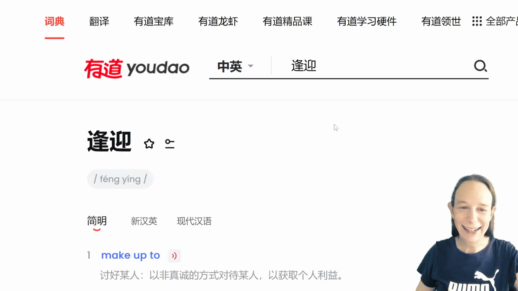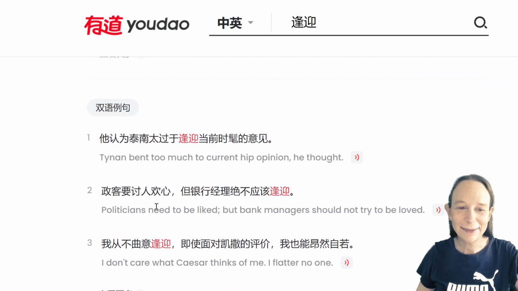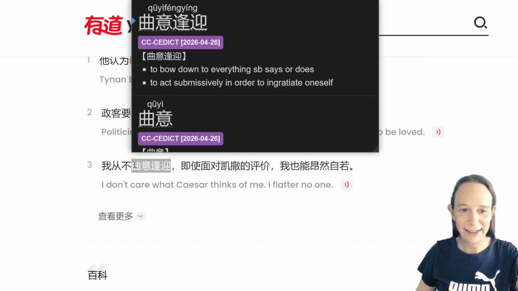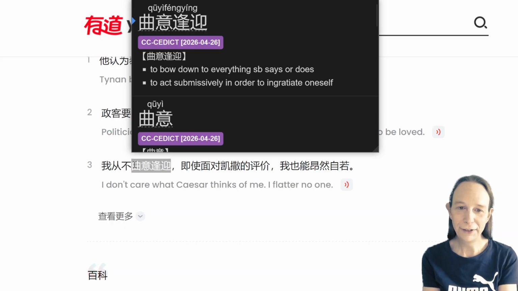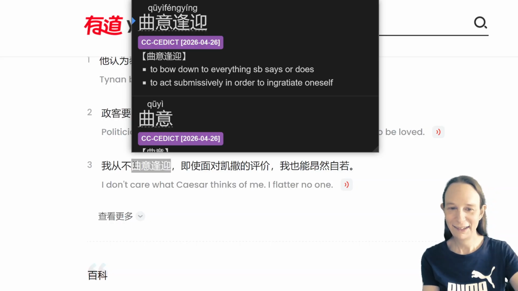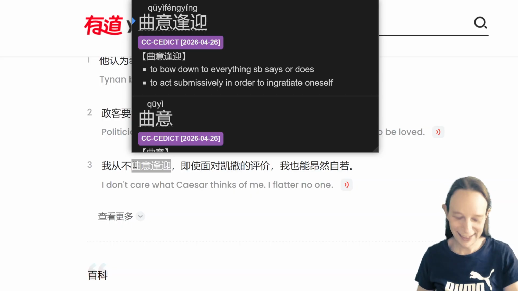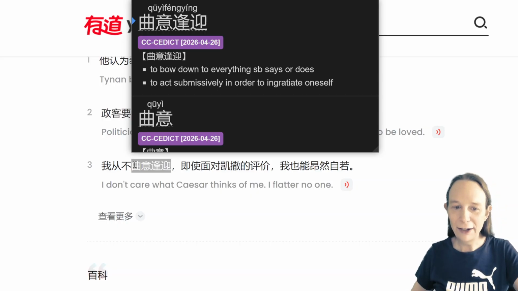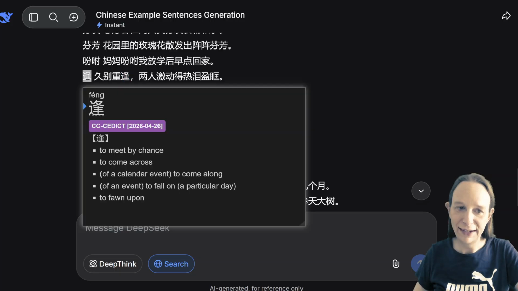I don't want to speculate as to what that means. 但银行经理绝不应该迎逢. Should not try to be loved. 曲意逢迎. All right. That hasn't come up in my study until now. Yeah, I think we'll move on. All right. So I should think of it as a verb rather than as a measure word. Okay.